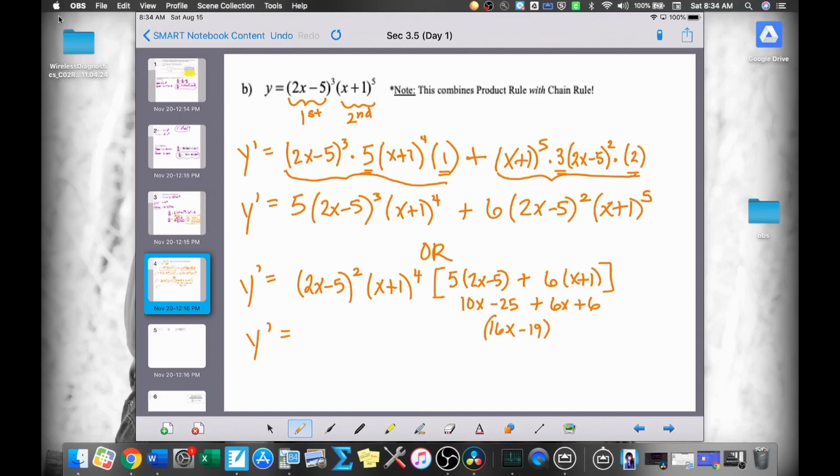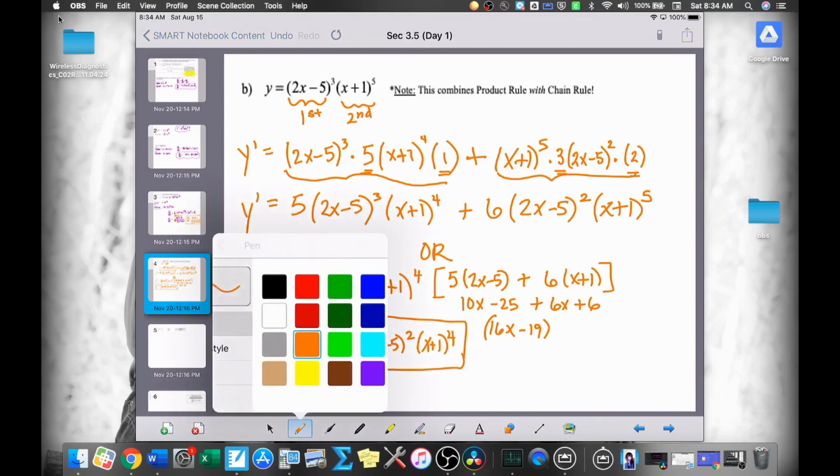So my final answer would be 16x minus 19 times 2x minus 5 squared times x plus 1 to the 4th. Okay, that would be the most simplified form that you could give for your answer.